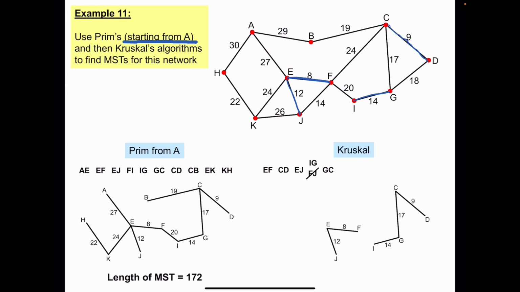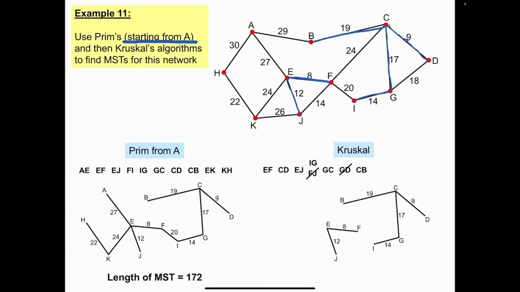Then I have GC, that's 17. The next one is 18, GD, but I can't connect that one because that would create a cycle. So I can go to 19 and that's BC.